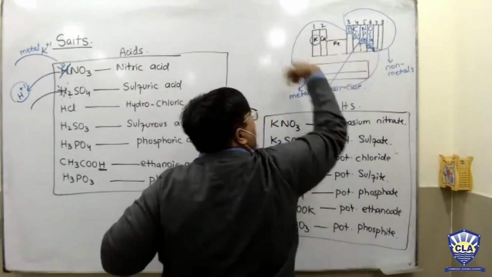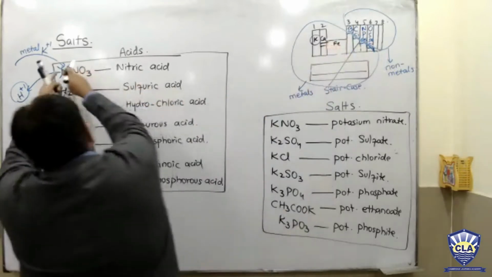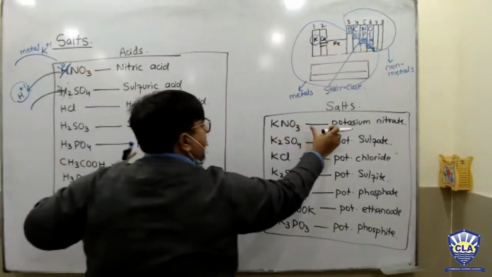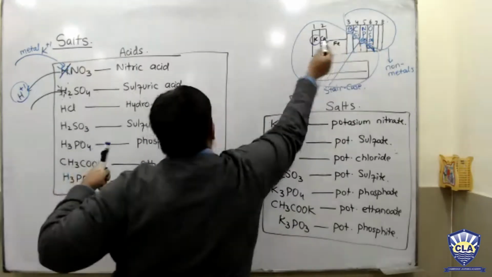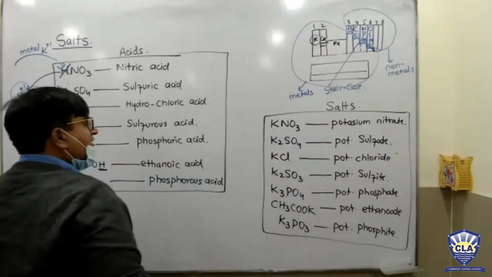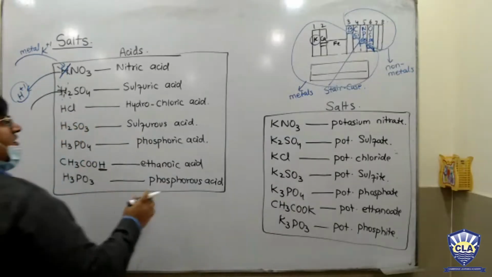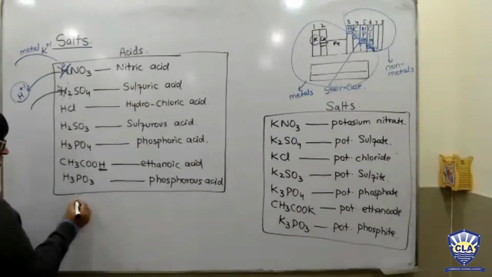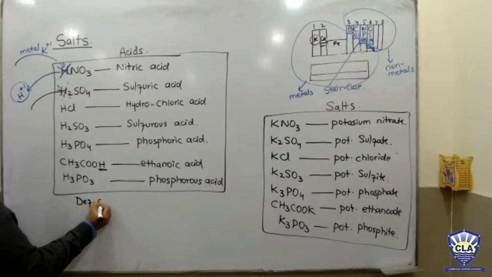You can take any metal, you can take calcium nitrate. So that would be salt. You can take iron nitrate, that would be salt. Okay. So from here we can make the definition of the salt. So what is the definition of salt?